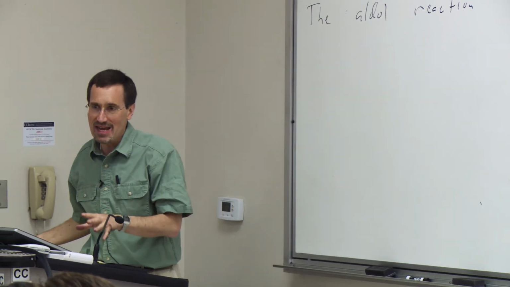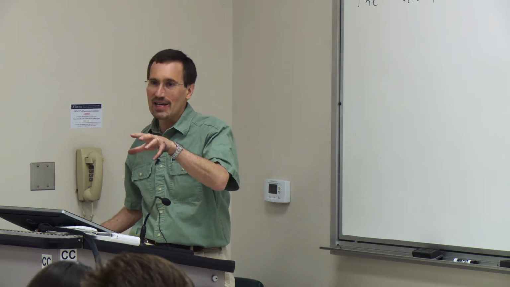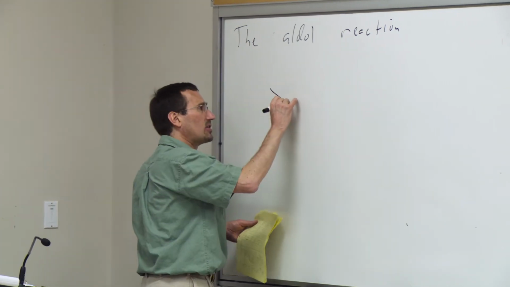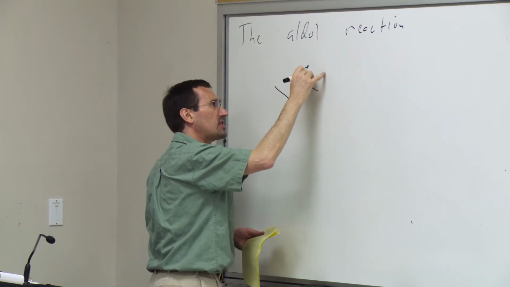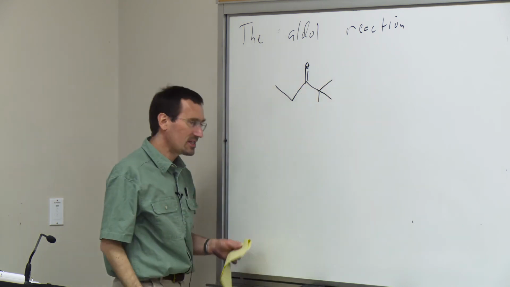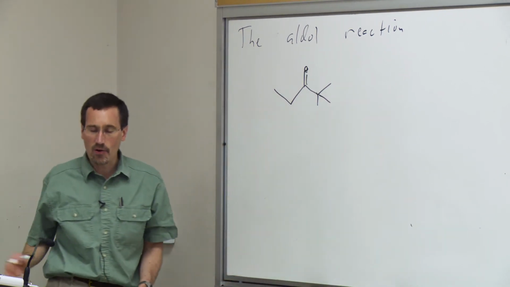Aldol is not the name of any person, unlike, say, the Michael reaction or the Wittig reaction or the Diels-Alder reaction or the Claisen rearrangement or the Cope rearrangement, all of which are named after people. Aldol reflects that you have a carbonyl and an alcohol in the product, and indeed the parent aldol from acetaldehyde is called aldol because its composition, while not completely known initially, was given that name because it had an aldehyde and an alcohol group.